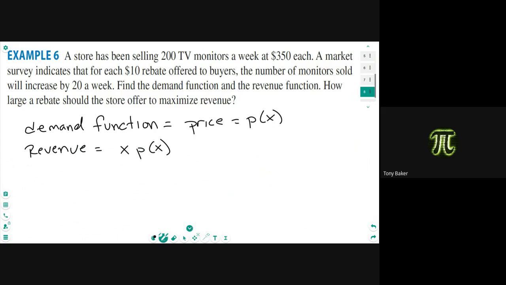What kind of function? It's going to be linear, right? Okay. So let's think about this as a linear equation. We have a point. 200 TVs is $350.